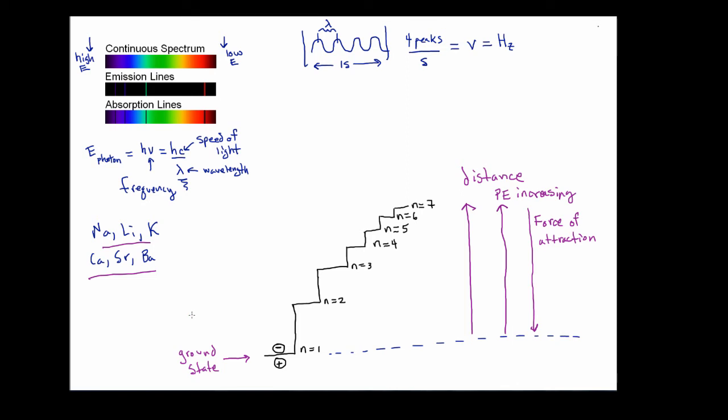When they did stuff like that, they were energizing the atom, and what they saw is a change in the coloration of the flame. Now, granted, hydrogen is a gas, and we're not really going to be holding hydrogen in a flame. But with metallic substances, like the ones that I listed here, you can take the salts of these and indeed put them into a flame, and then observe what happens to the coloration.